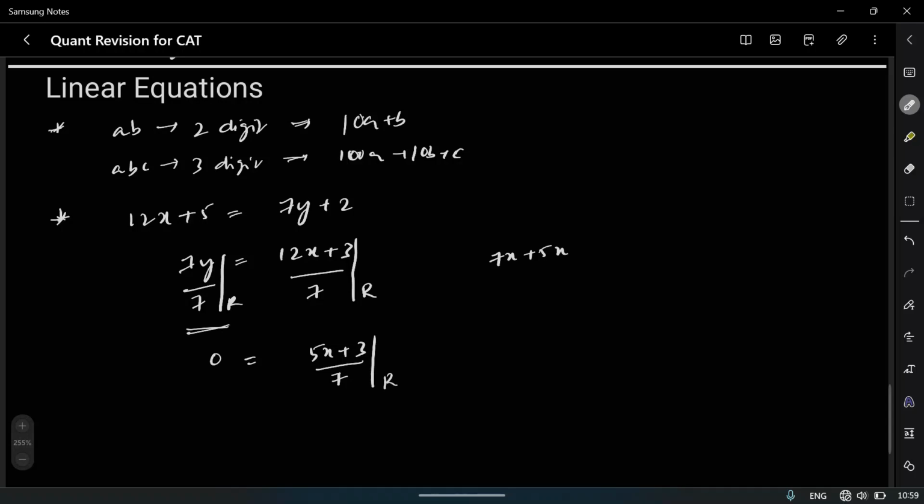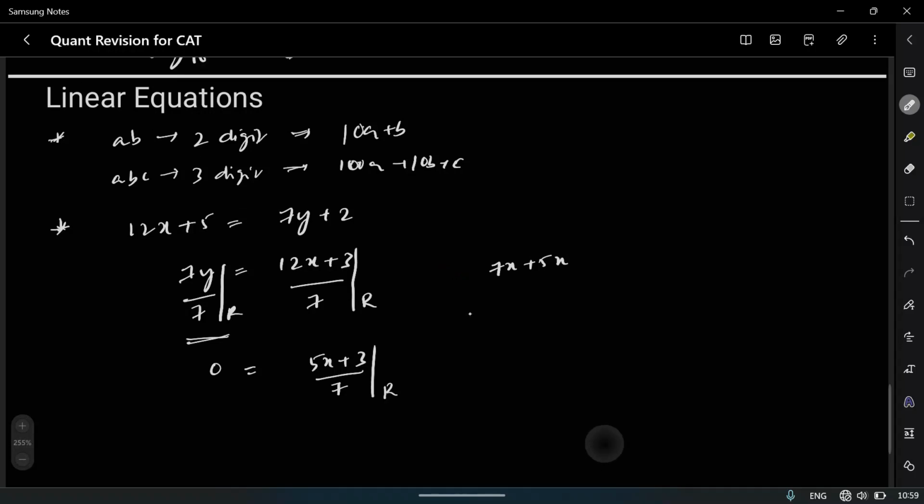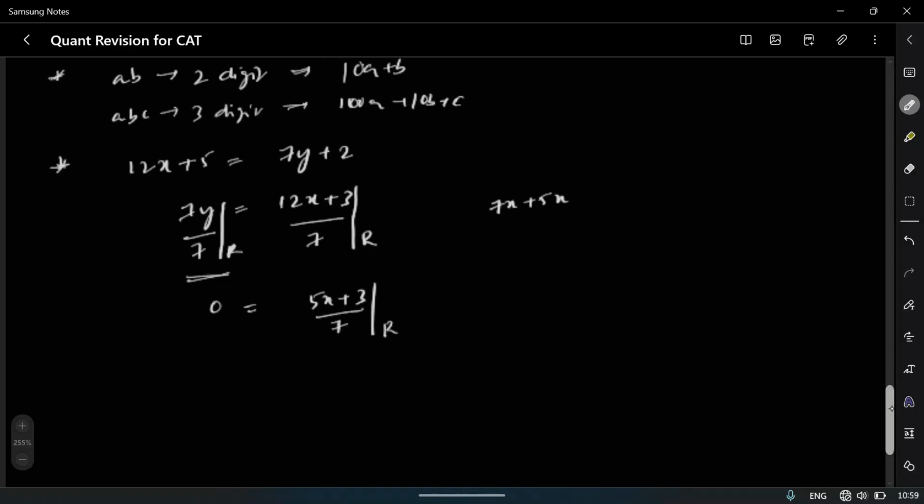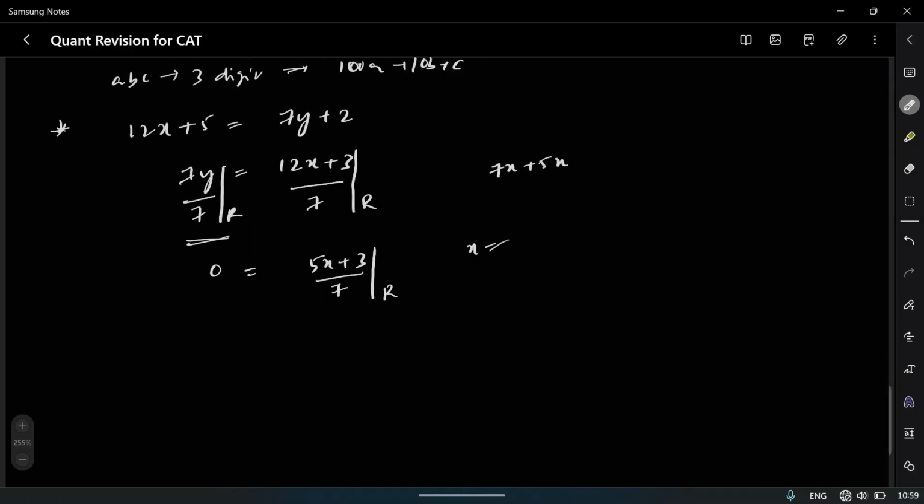Now we have to use a little trial and error method. Let's start by putting x equals 0. If you put x equals 0, the remainder will be 3, which is not equal to LHS, which is 0.